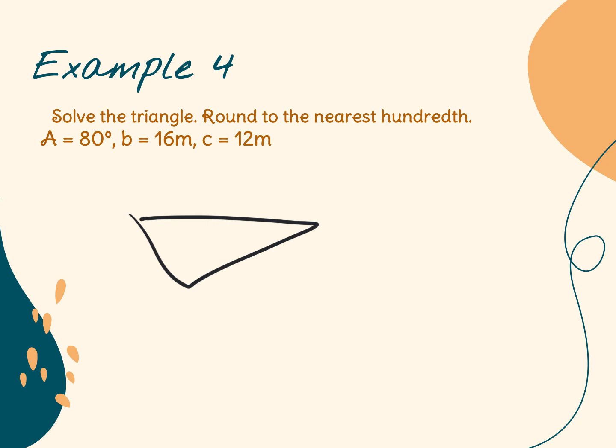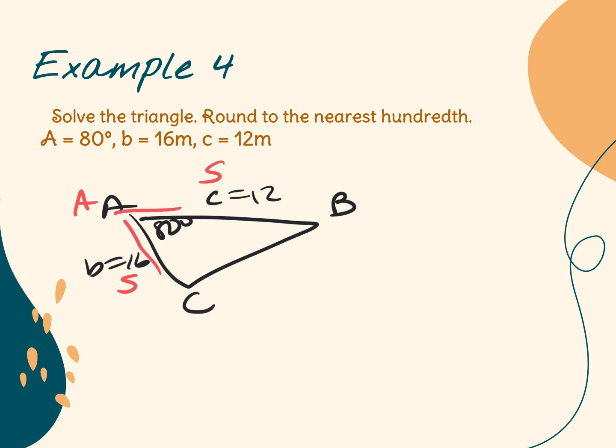So draw it, A, B, C here, and then angle A is 80, side B is 16, side C is 12, and you can see that you have a side, an angle, and a side. The 2 sides are forming that. So this is the SAS scenario, not the SSA. So again, on the quiz, I don't tell you what you're using. I just give you 3 pieces of information, and then you've got to figure out, what do I do?